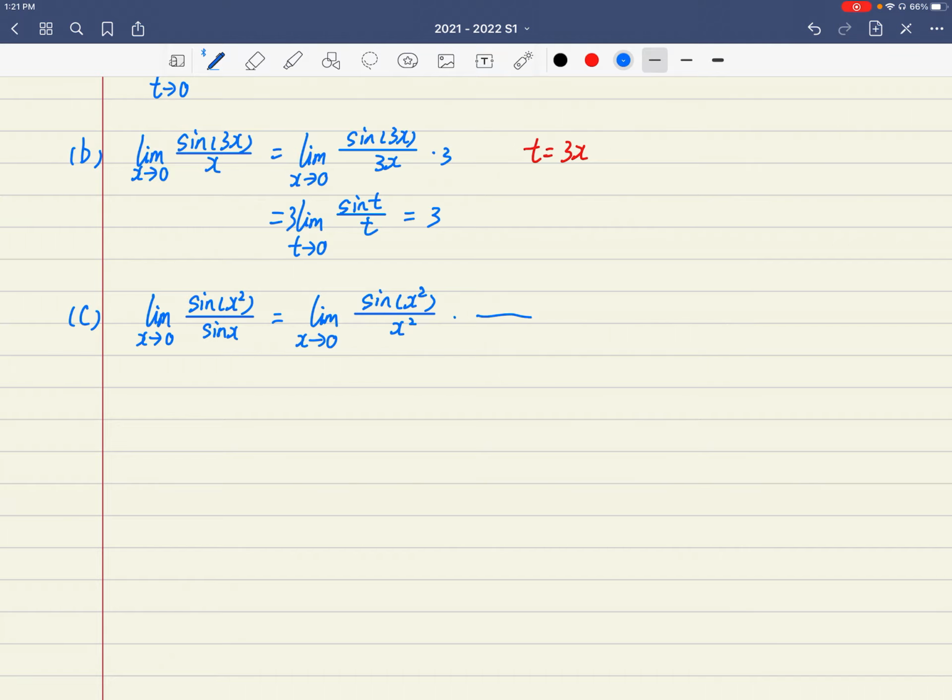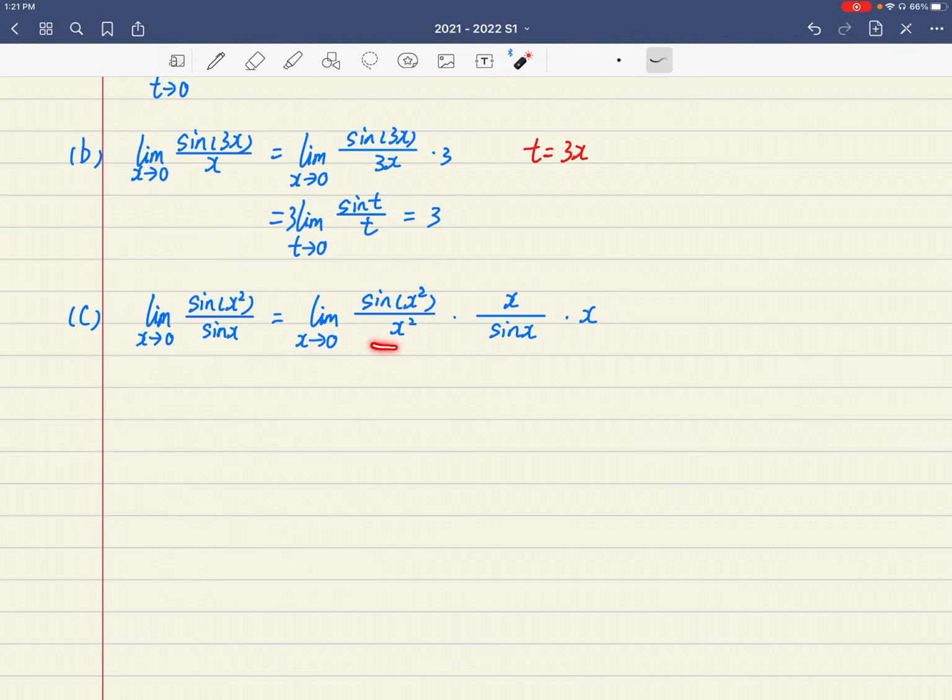But since you put it on the bottom, you also need to put it on the top to balance it. Because you have a sine x on the bottom, on the top you want an x times another x. So now you multiply both the top and the bottom by x squared, right?